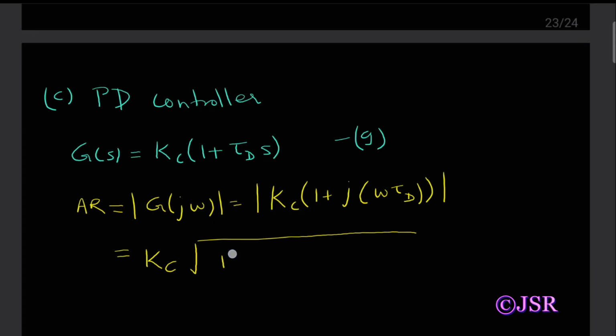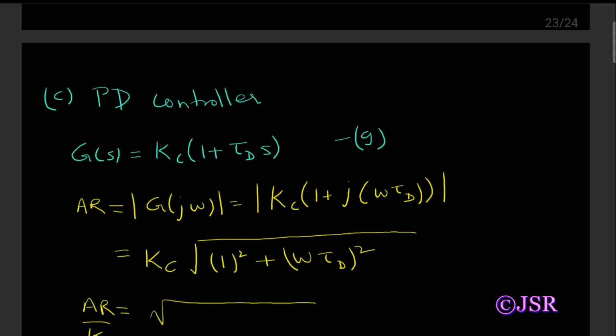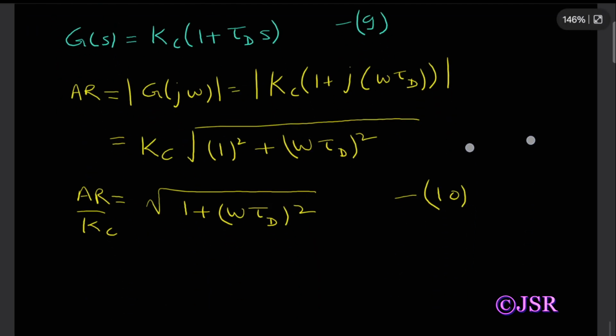So this will be 1 square plus omega tau d whole square. So the amplitude ratio AR by Kc equals under root 1 plus omega tau d whole square. So this is equation number 10.